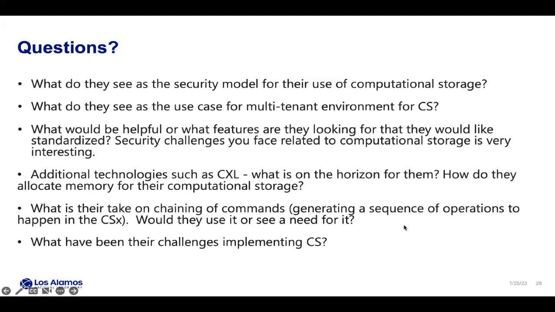So for your particular use case, are you focused so much on a single user that you do not worry about security in your current implementation? In all of these prototypes, yes, that is absolutely what we've been doing. As we think about moving into production, we would have to think about security in a more serious way. Yep.